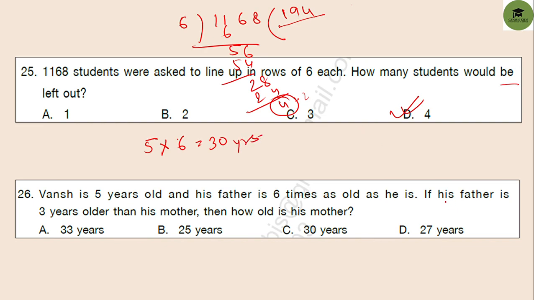His father is 3 years older than his mother. So his mother's age is 3 less than his father's. That is 30 minus 3, that is 27 years. So option D is your correct answer. Okay.